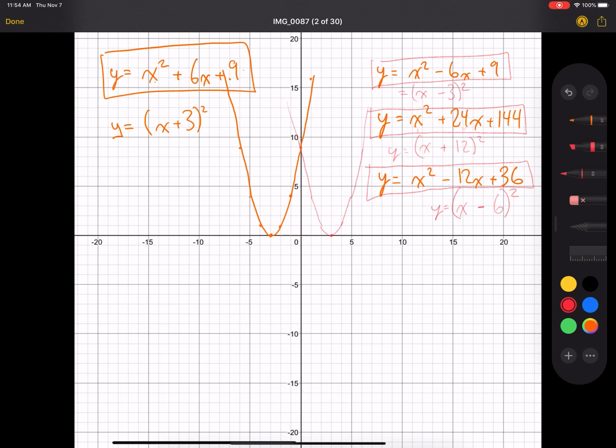That's x minus 3. We should do that in a different color. This is x plus 12. It's all the way over here. Do our step pattern: 1, 3, 5, 7, 9.